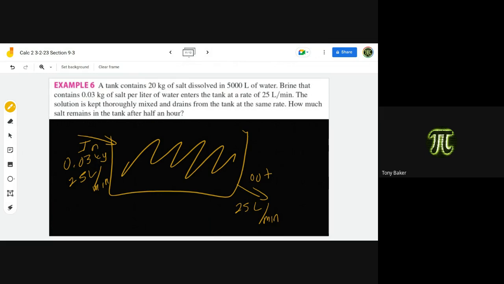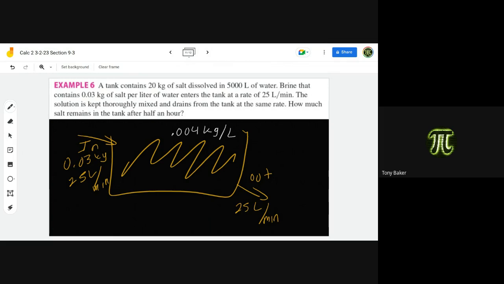If you took the 20 and divided it by 5,000, you have 0.004 kilograms per liter of salt in the tank. And we're putting in 0.03 kilograms per liter of salt. So the salt content's going up.